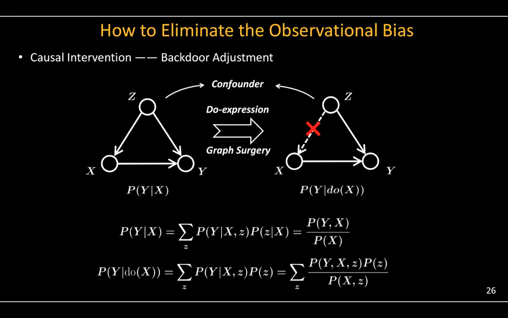So if we want to model the overall ratio of death of coronavirus, what should we do?